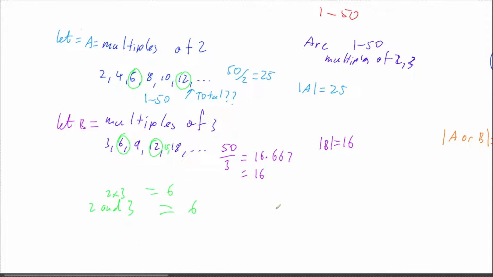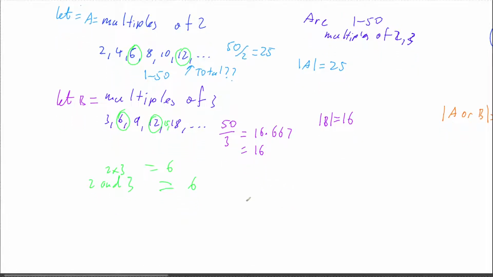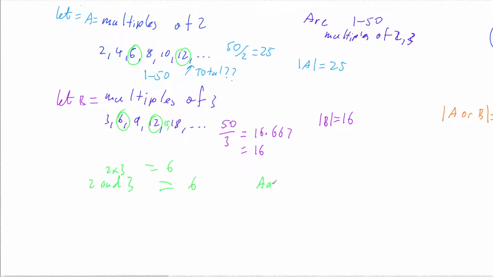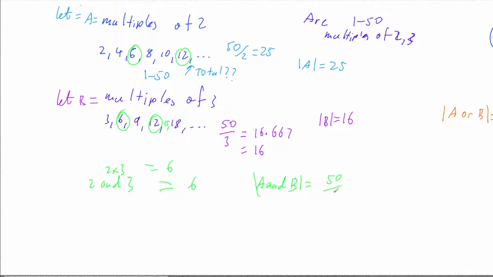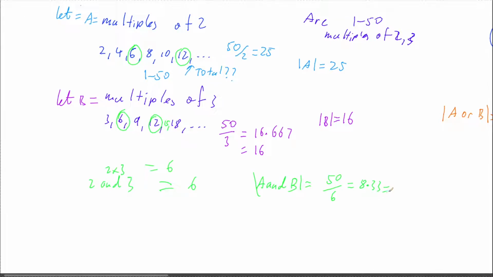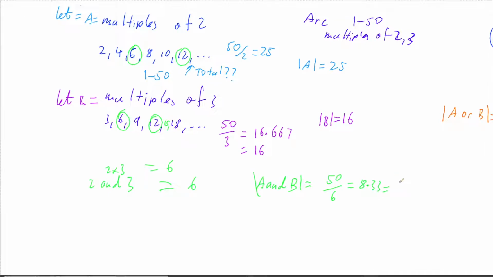So when we're trying to find our last remaining set, A and B, how many are in both, I want to do 50 divided by 6. And if I have a look at 50 divided by 6, we're going to get 8.33. And again, round down because otherwise we'll count up one more than we need.